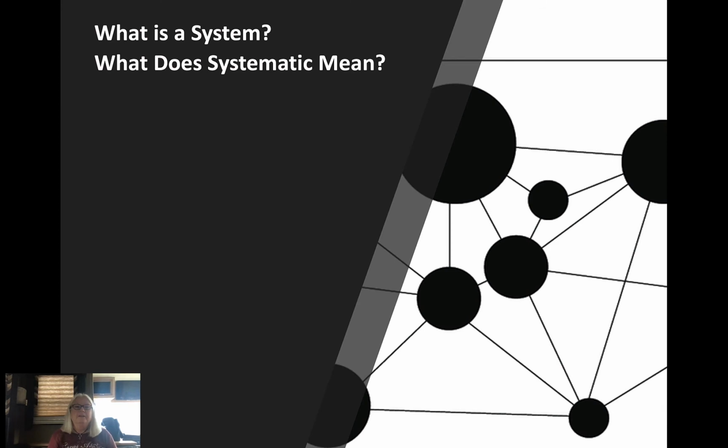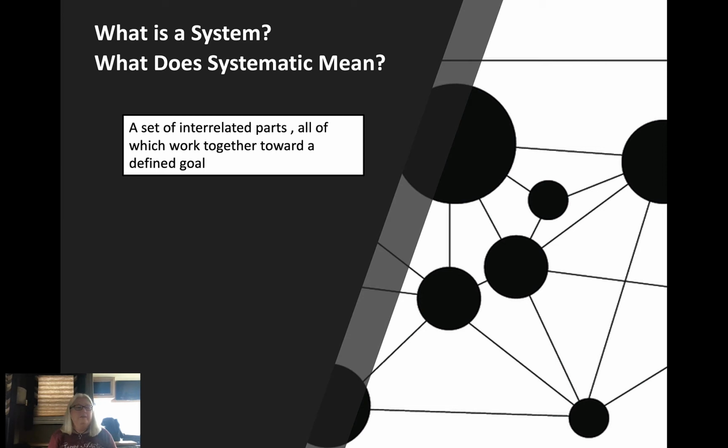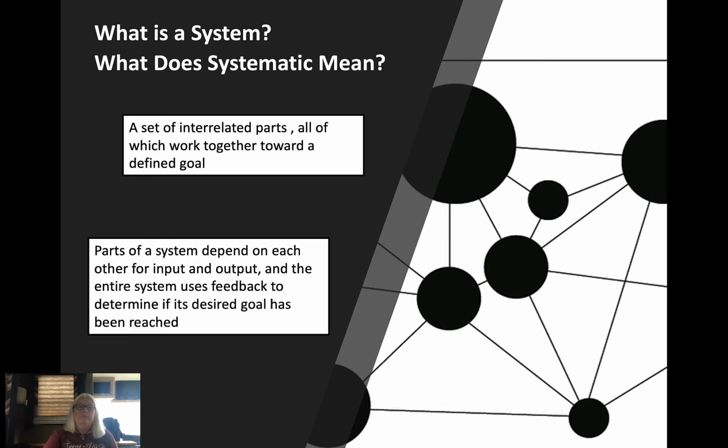So what's a system and what does systematic mean? A system is just a set of interrelated parts, all of which work together toward a defined goal. So parts of the system depend on each other for input and output, and the entire system uses feedback to determine if desired goals have been reached.